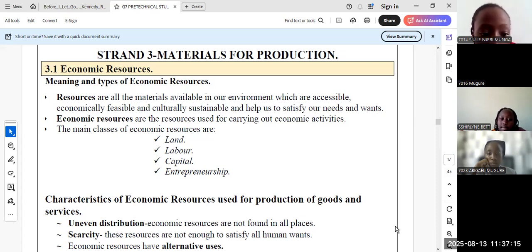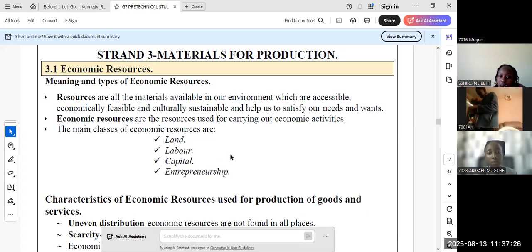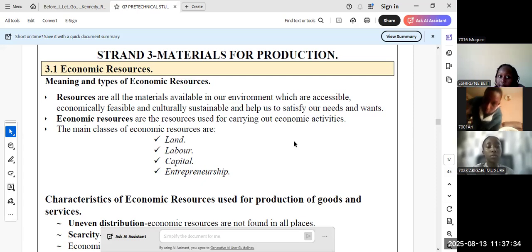Resources are all the materials available in our environment which are accessible, economically feasible, and culturally sustainable and help us to satisfy our needs and wants.